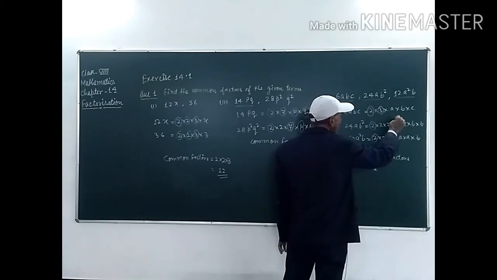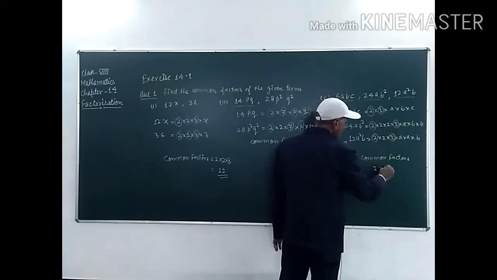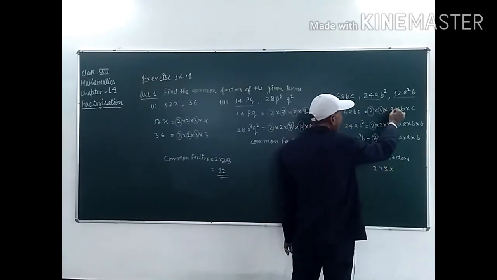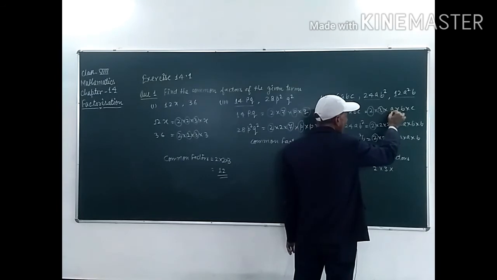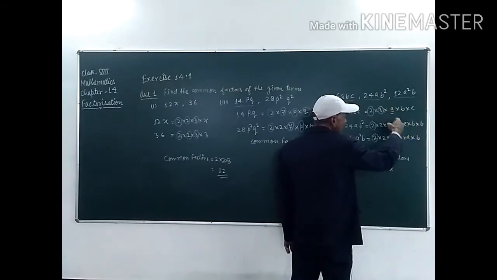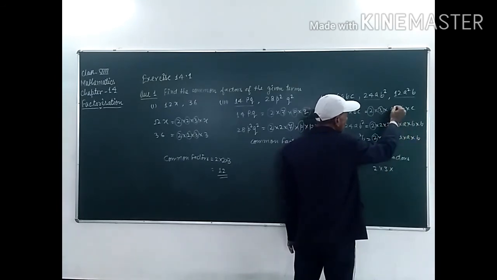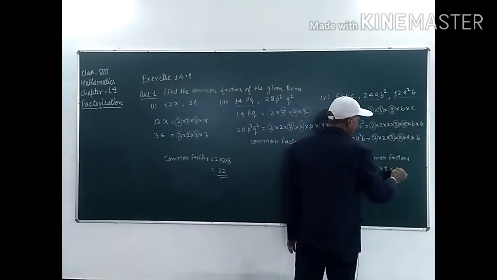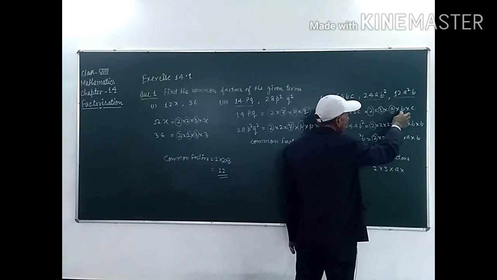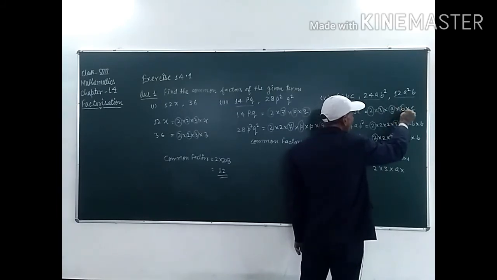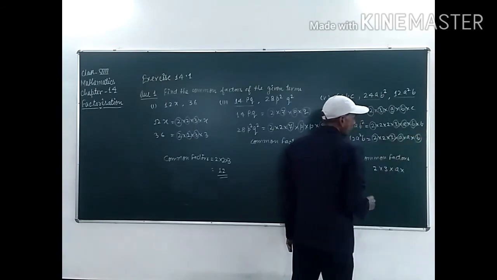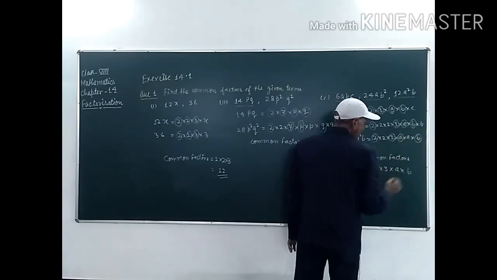So 3 is common, 2 into 3 into a, at least one time a is present in these three expressions, students. So a is common, a into b, b is at least one time present in all expressions, students. So we have to take b here.